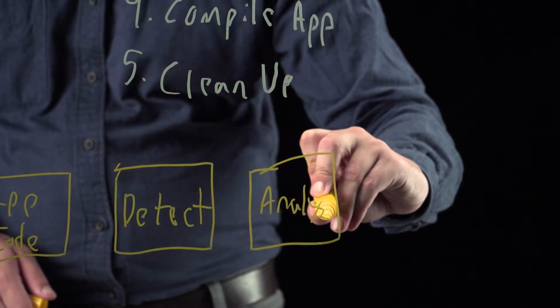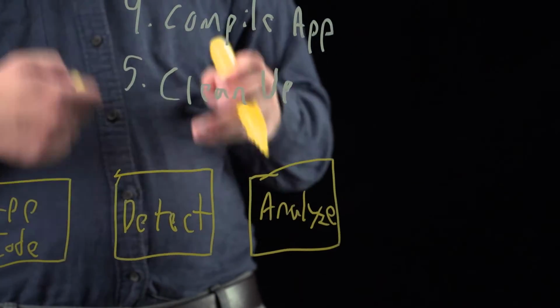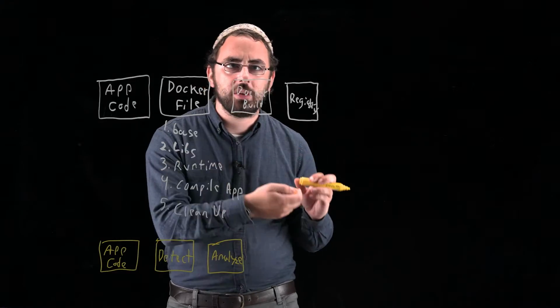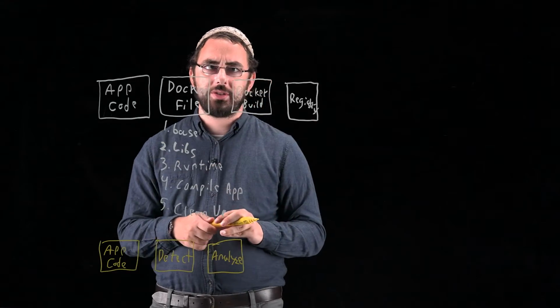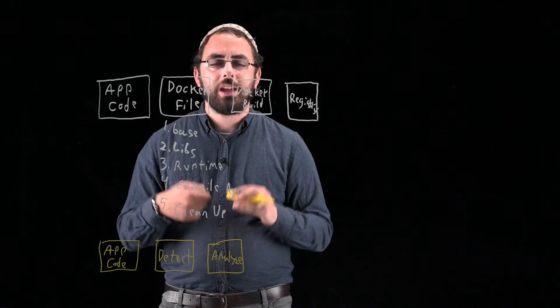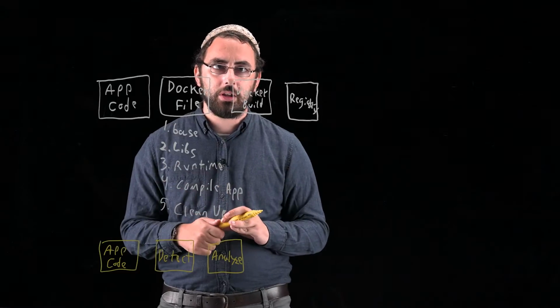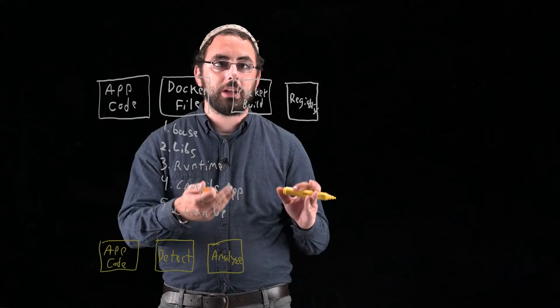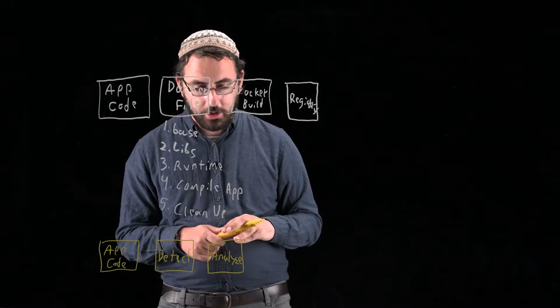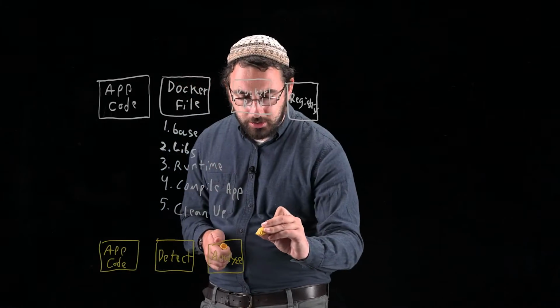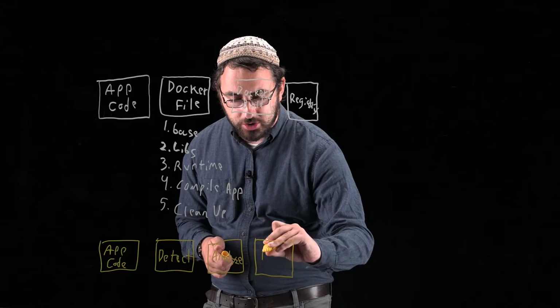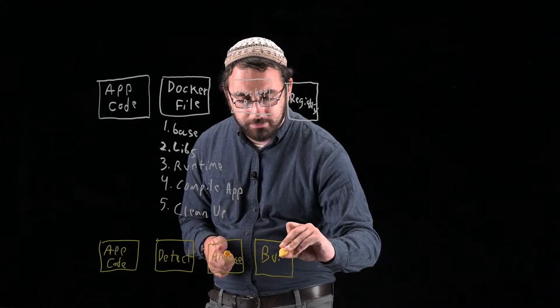Now, once we've run this detection, the next phase is that build packs is going to analyze our code. And it's going to try and understand exactly what order of operations it needs to take in order to build this image for me, according to, once again, industry standards in an up-to-date and secure fashion. Now, once this analysis has happened, comes the key part, which is actually building that image.